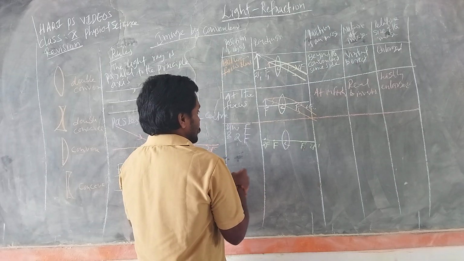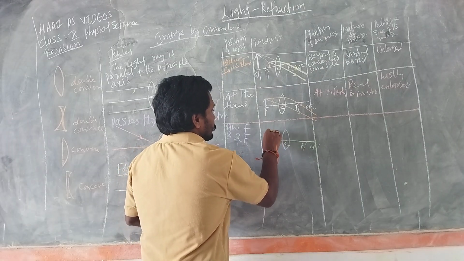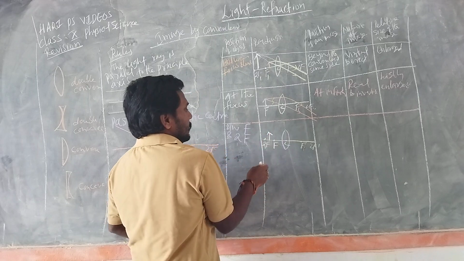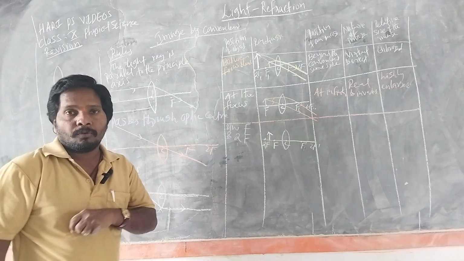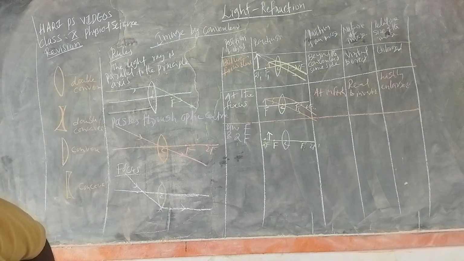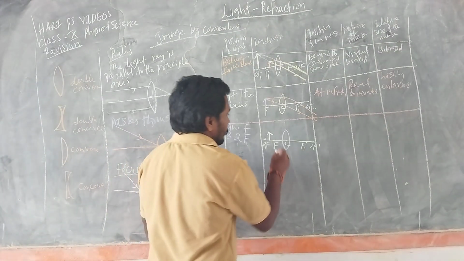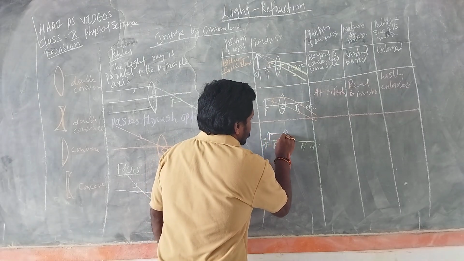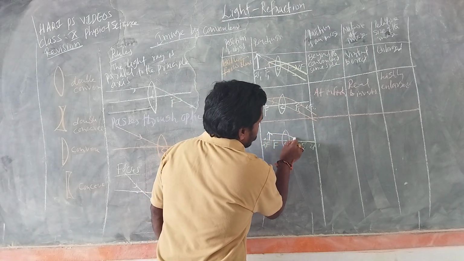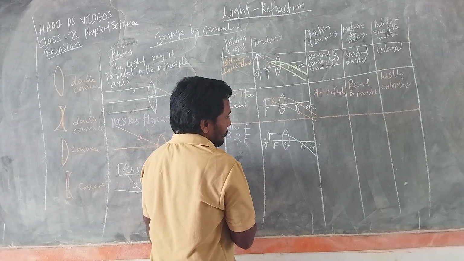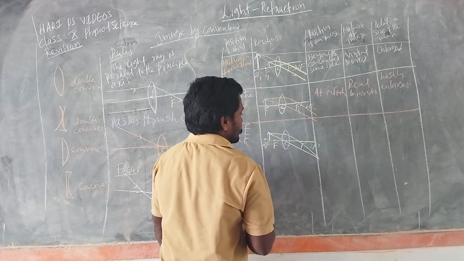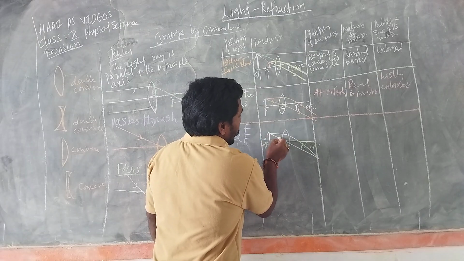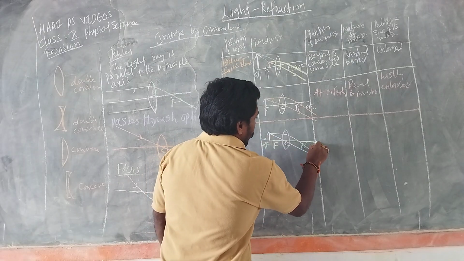So the object is placed between F and 2F. Let us see where the image of the object is formed. The ray parallel to the principal axis passes through the focus. The second one is through the optic center.